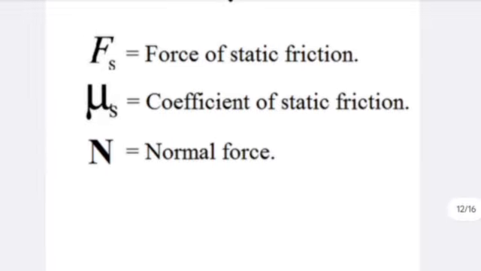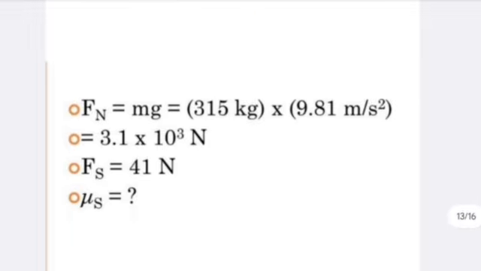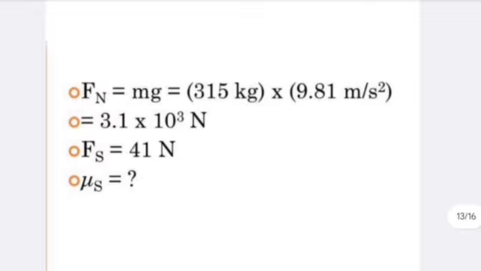Here N is equal to mg, which is 350 kilogram into 9.81 meter per second square. G is equal to 9.81, G stands for gravity. It is equal to 3.1 into 10 raised to 3 Newton.